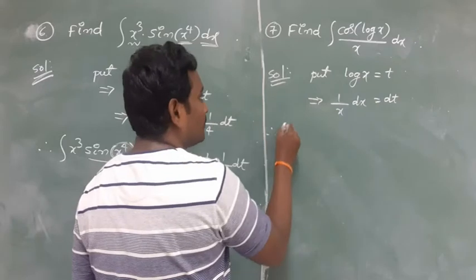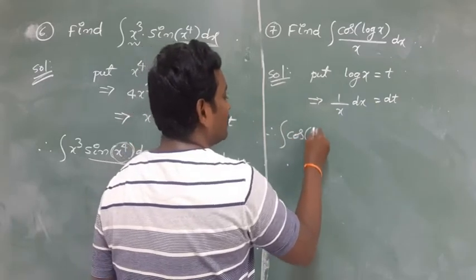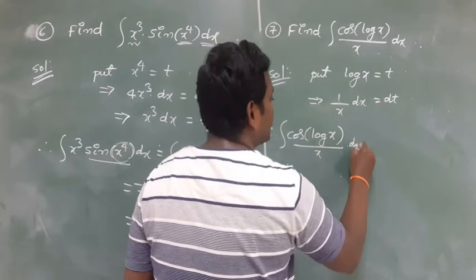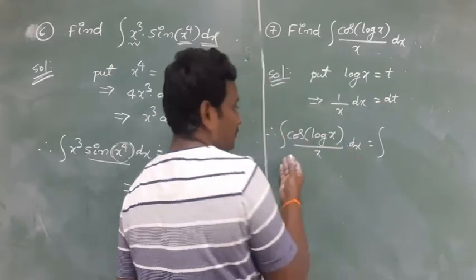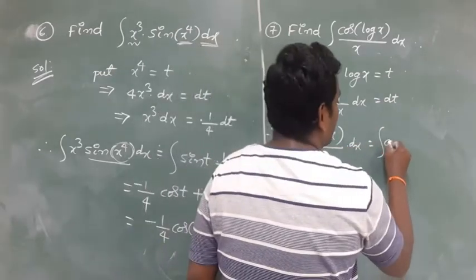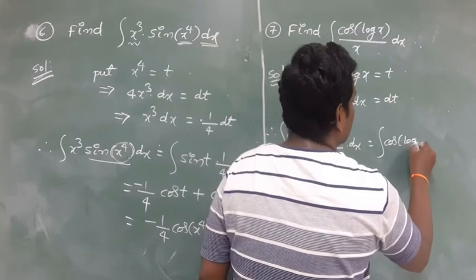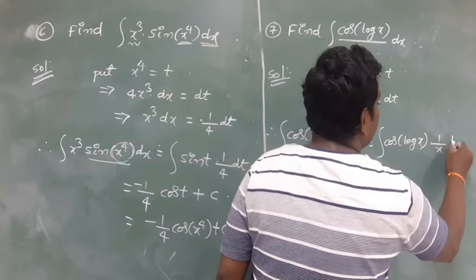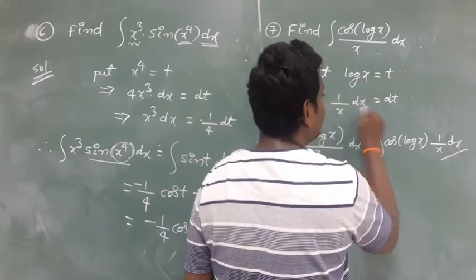So the given problem can be written as cos of log x whole by x into dx. You can also write cos of log x division x as cos of log x into 1 by x dx. So replace 1 by x dx by dt.